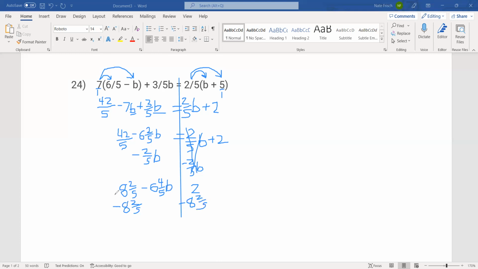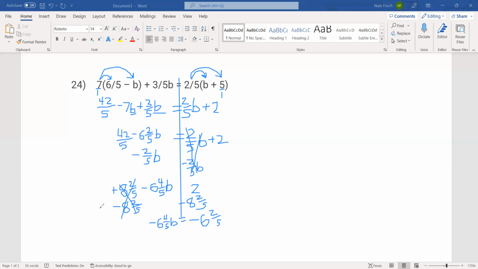On the left-hand side, I had positive 8 2/5. I just subtracted, those are just gone. I'm at negative 6 4/5 b. On the right-hand side, I had a positive, I subtracted 8 2/5. So let's see, if I subtract the 8, that will get me to a negative 6. And then I'm also subtracting 2/5, so I'm going in the hole another 2/5. So I'm at negative 6 2/5.